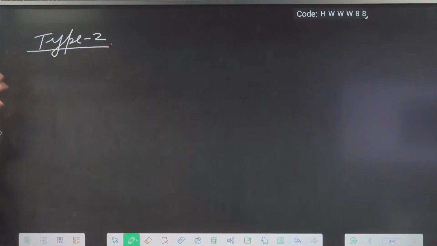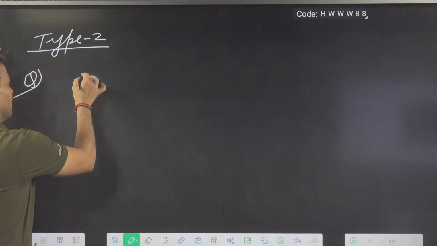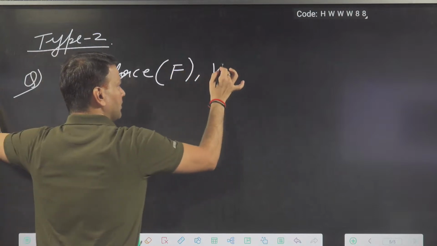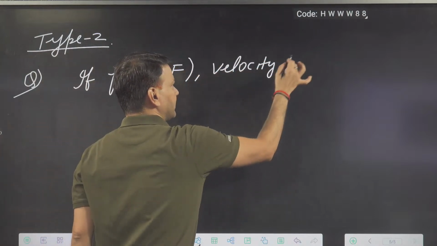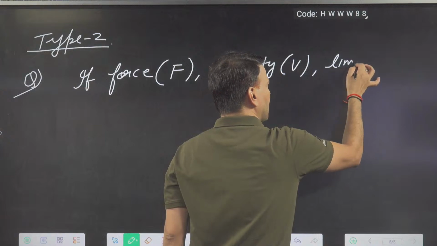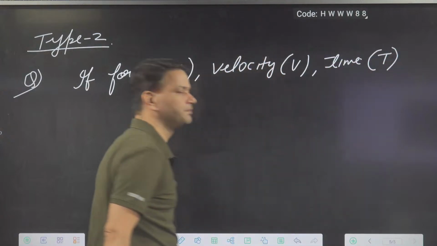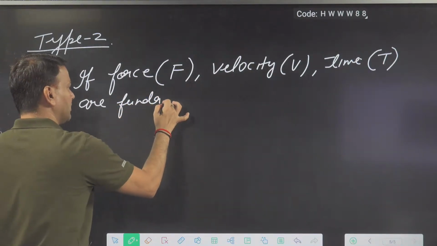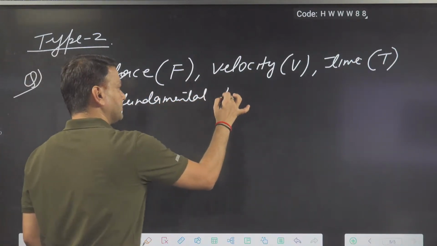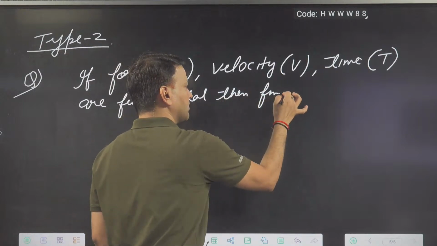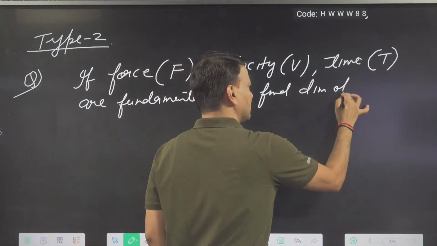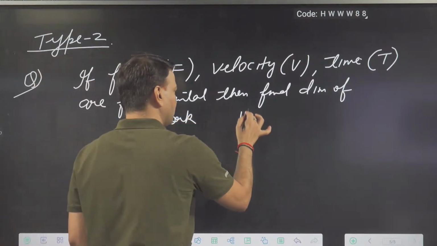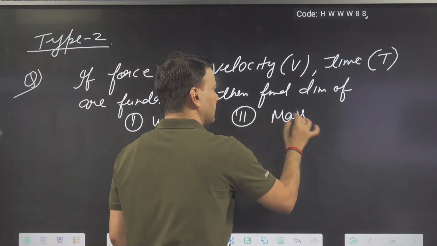So I am giving the question directly. Suppose force F, velocity V and time t are fundamental, then find the dimension of number 1, work, and number 2, mass.